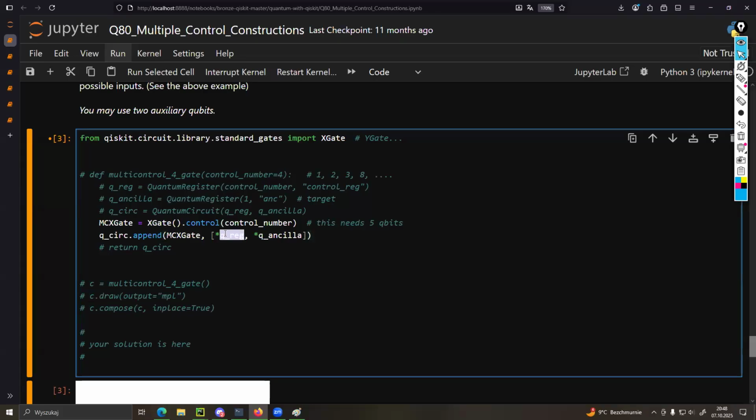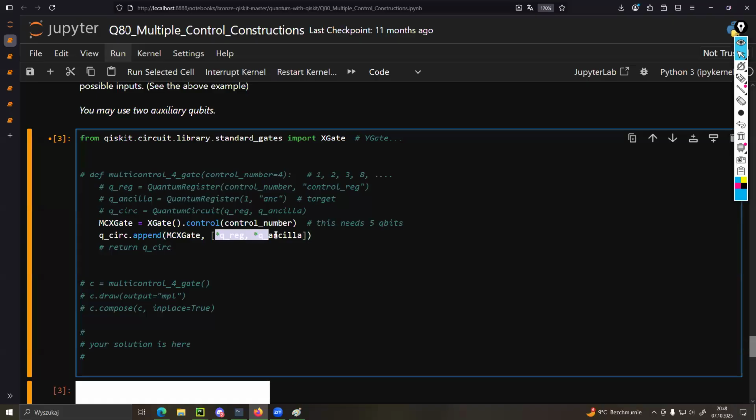So this will be your quantum register, your control bits, and the last bit, in this case the ancilla. Even if it is a quantum register, you can unpack it with the star operator in Python, and this will unpack it, giving you a single qubit.